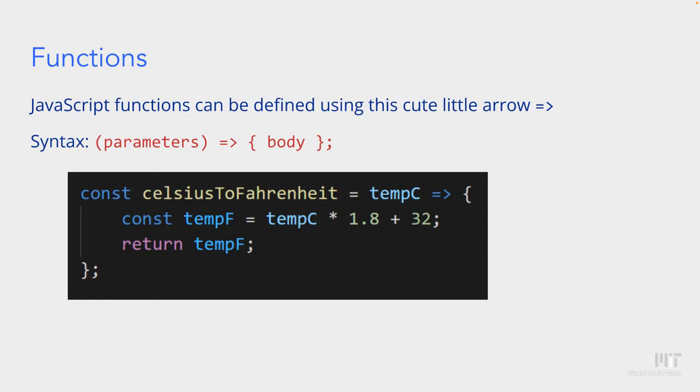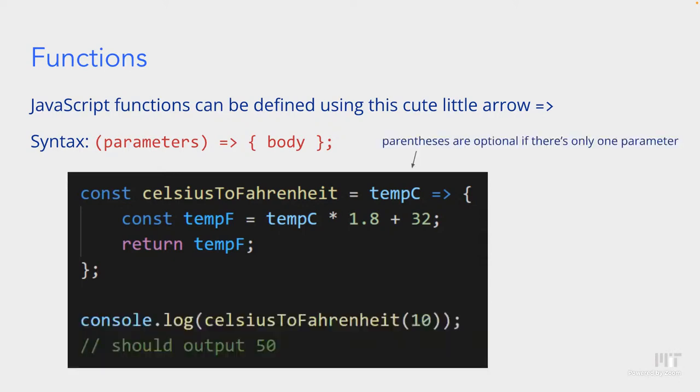And then we would always have a return statement. When we call that function, we use the parentheses, and then we input our argument in there. So temp C would then be 10 in this case on the bottom, and we would just run the function as if temp C were 10. And it should output 50.